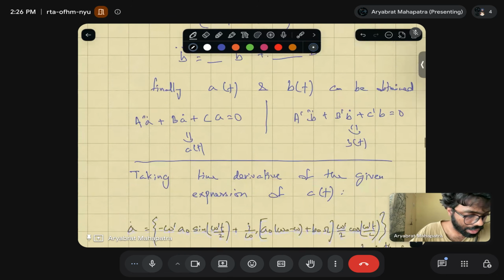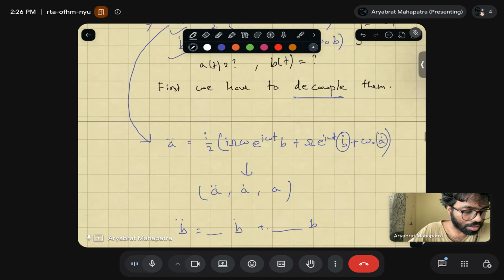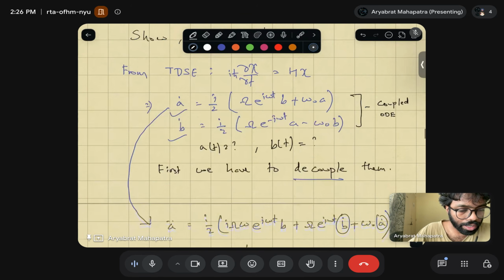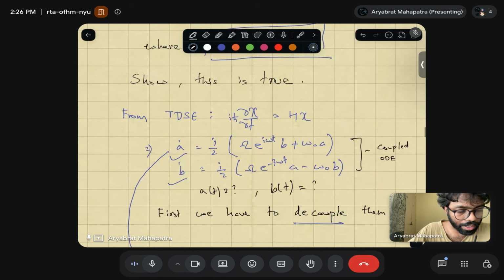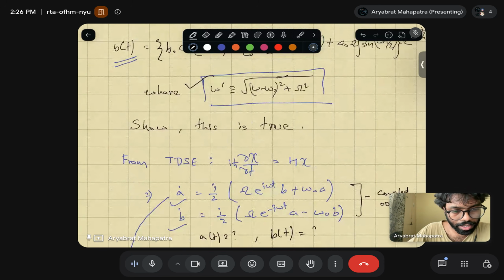So from that time dependent Hamiltonian system, we begin with the Schrodinger equation for the time dependent case, and we solve it to get the states.